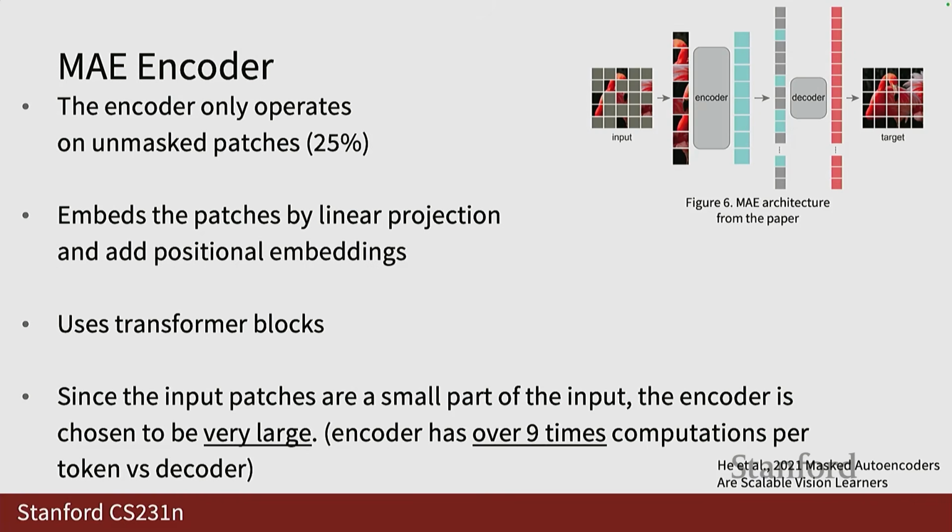This encoder itself only sees 25% of the samples, the patches, embeds those with first a linear projection to some embedding space, then positional embeddings are added, exactly the same as what we mentioned for ViTs. And all of these are transformer blocks. The encoder is very large. That's what I just mentioned.